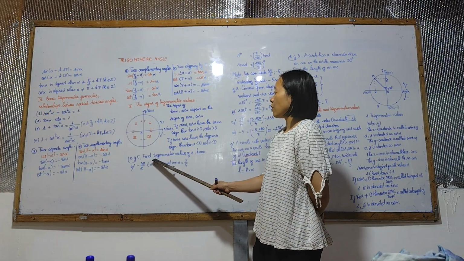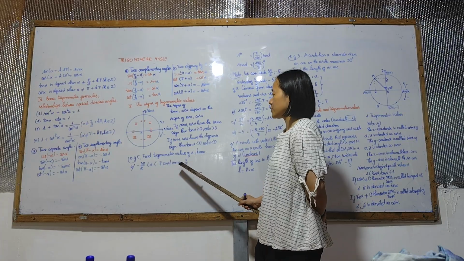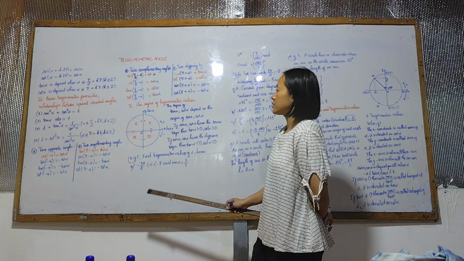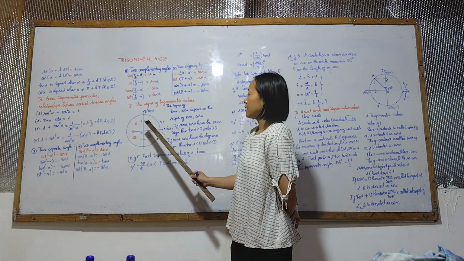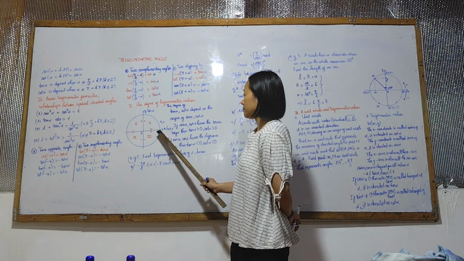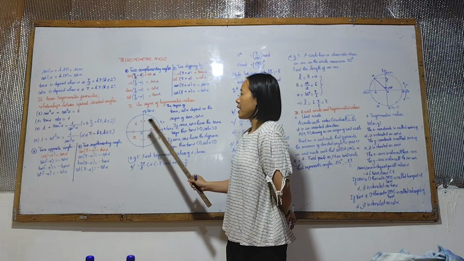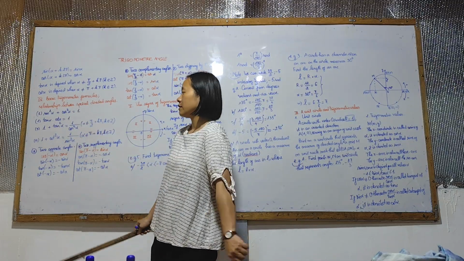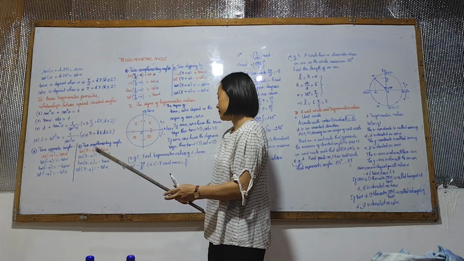To find all trigonometric values of alpha, first we must find the signs of them. Then we will use basic trigonometric formulas to find the others.